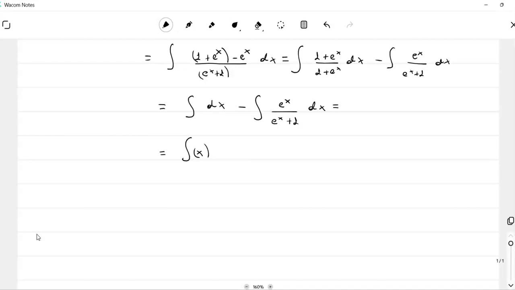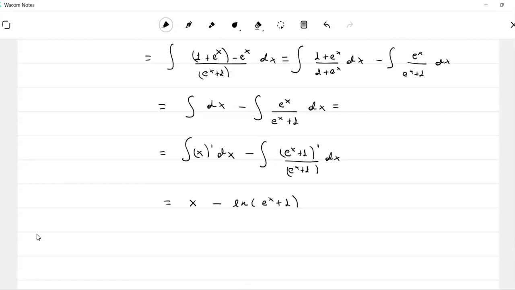This can be written as the integral of x prime, so it's the derivative with respect to x, dx, minus the integral. The numerator can be written as the derivative of e to the power of x plus 1. So this is x minus the natural logarithm of e to the power of x plus 1, and I have a constant of integration c.